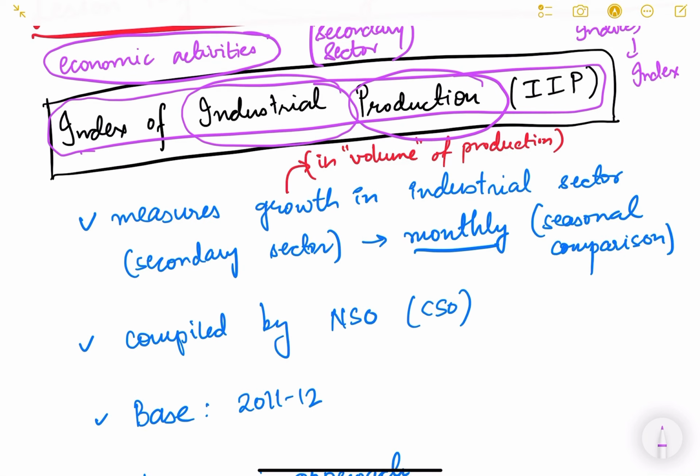Now let us look at some of the other miscellaneous indices. We will discuss them very briefly, just so that you know their names in case a question comes from here. One is the Baltic Dry Index, calculated by the London-based Baltic Exchange. It measures the cost of transporting raw materials by sea. If it increases, the world economy is expected to grow.